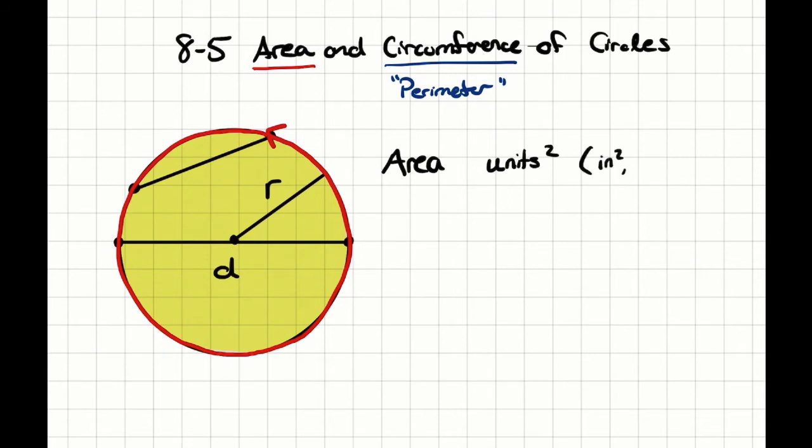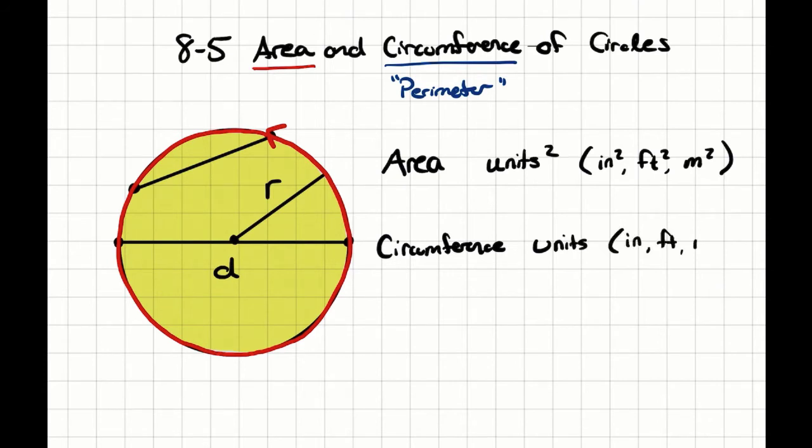Examples of this could be inches squared, feet squared, meters squared, etc. And then there is circumference. And circumference is just measured in plain old units because it's a lot like perimeter, right? So it would be inches, feet, meters.